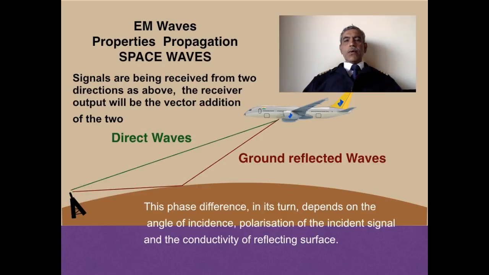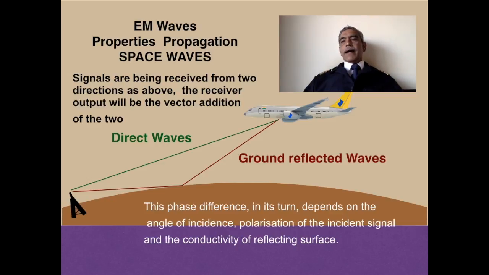Now, as you notice, the receiver, that is the plane, is receiving the same signal, which is transmitted at the same time, from two different sources on two different paths: one through the direct wave and one through the ground reflected wave. Now, there is an effect when these two come together at the receiver.